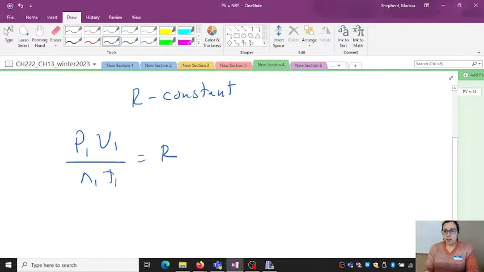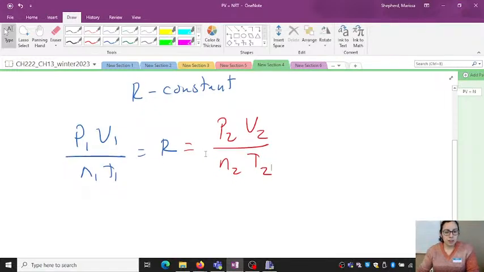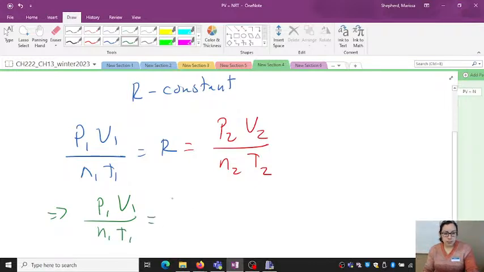But it doesn't matter what this is, right? So we could have a second set of conditions. P2, V2 over N2, T2, and that's also equal to R. And so that gives us this relationship: P1, V1 over N1, T1 is equal to P2, V2 over N2, T2.